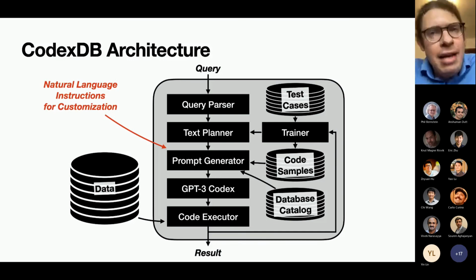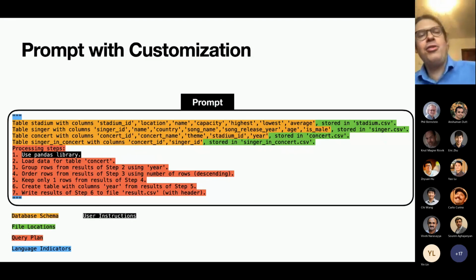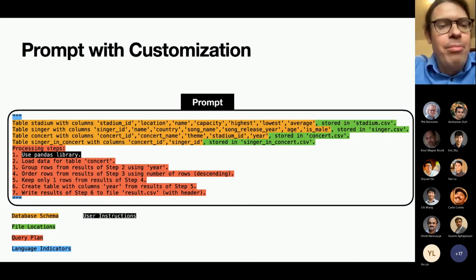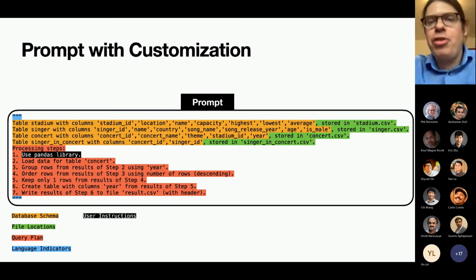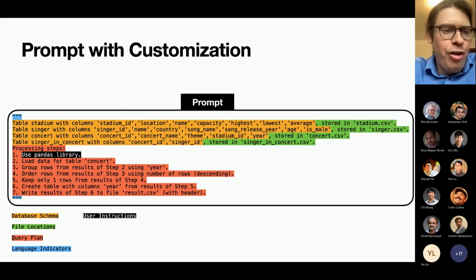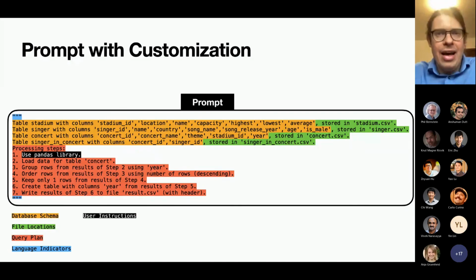If the user provides text instructions that refer to the generated code as a whole, for instance, let's use the pandas library, which is a library for data processing in Python, then we can just put this as the first step in the processing plan. If the user has requirements about the output after different processing steps, then we could, for instance, add corresponding user-provided text after each of those commands.